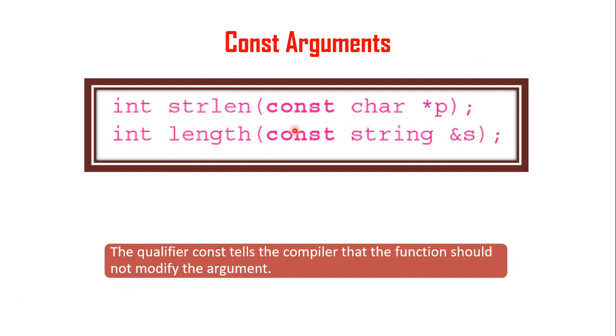At any cost, this argument will not be modified. Whereas in default arguments, we can override the value or we can miss that value. But in a constant argument, we have to pass the value, and the value will not be changed during the execution of the function. Understand?